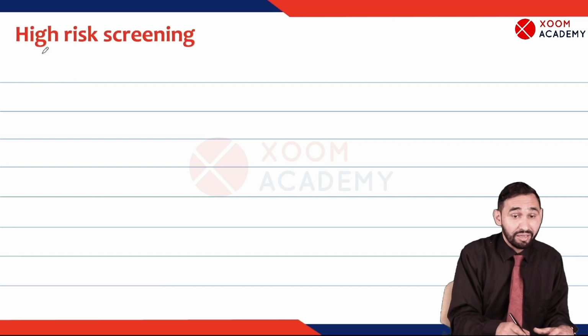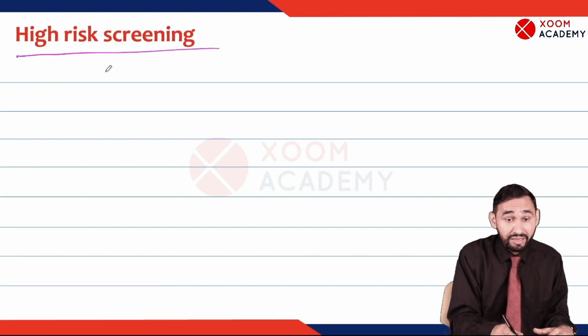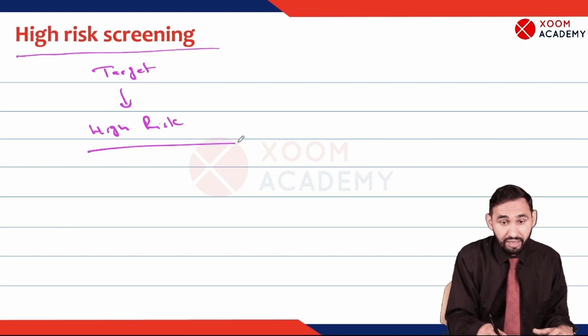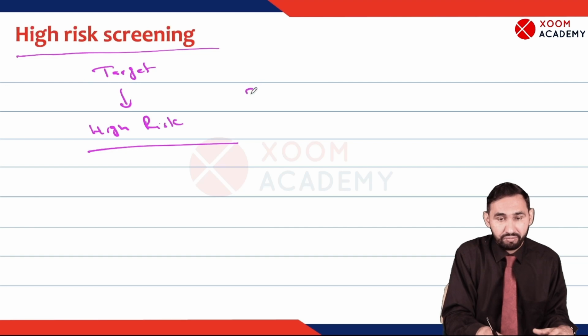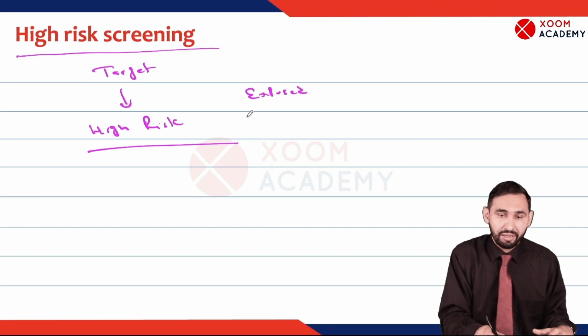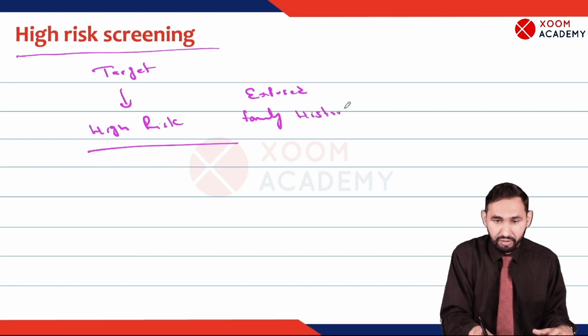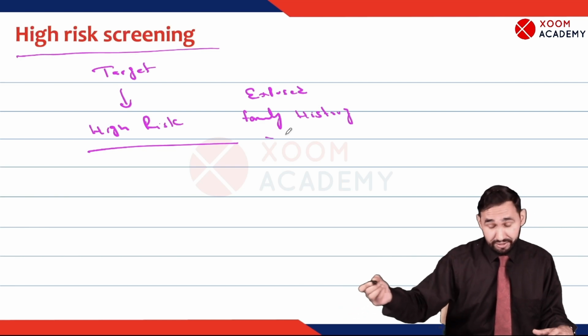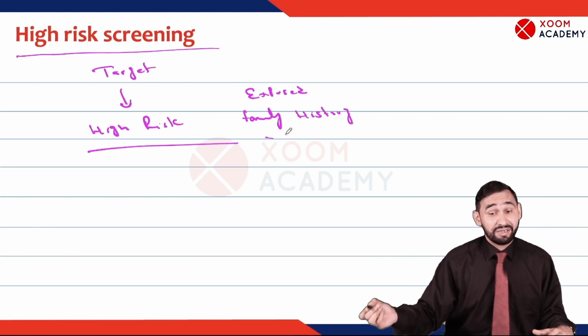The ideal type of screening is high risk screening. We will target high risk persons, those who can develop the disease, those who are exposed to a certain risk factor, those whose family history is positive. Like someone who is a smoker and has been smoking for 20 years, 30 years, we can screen for lung cancer in smokers.